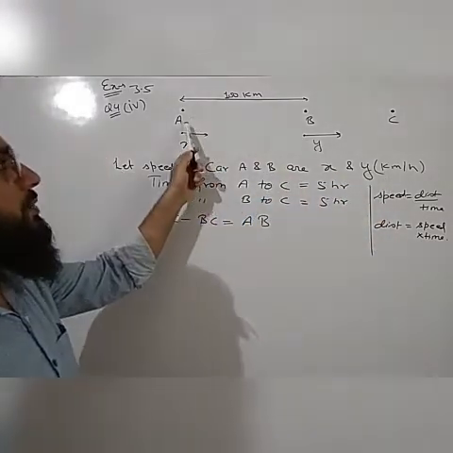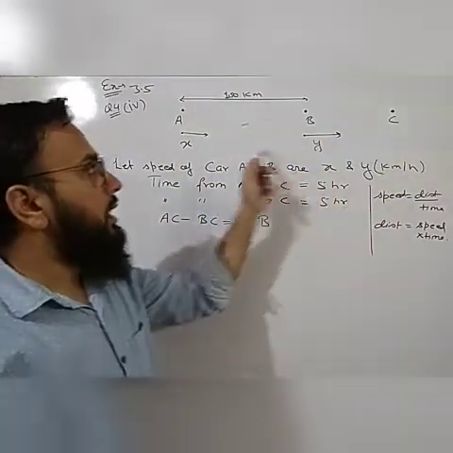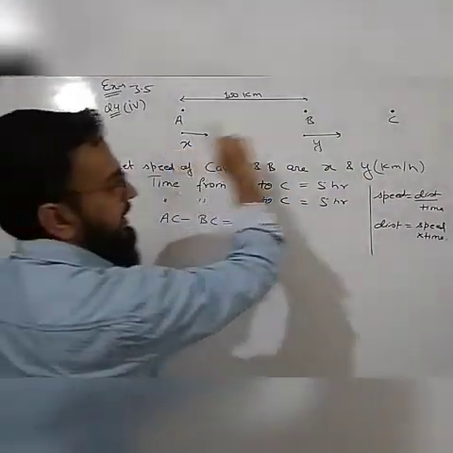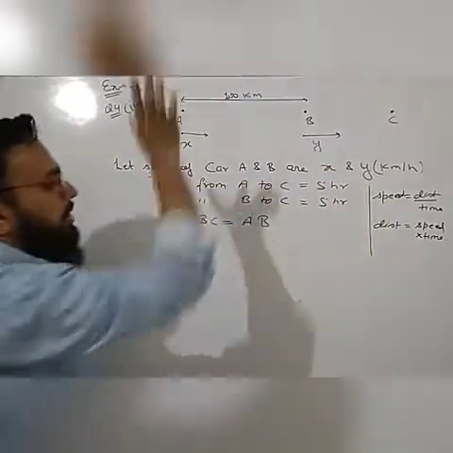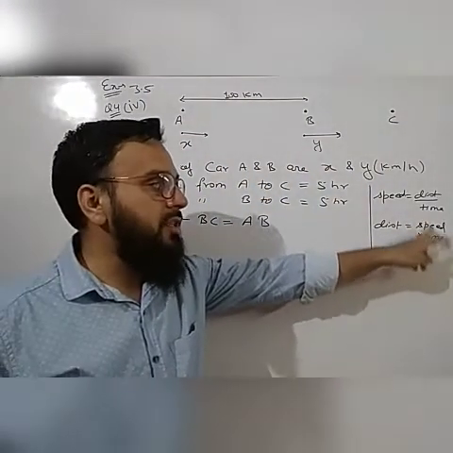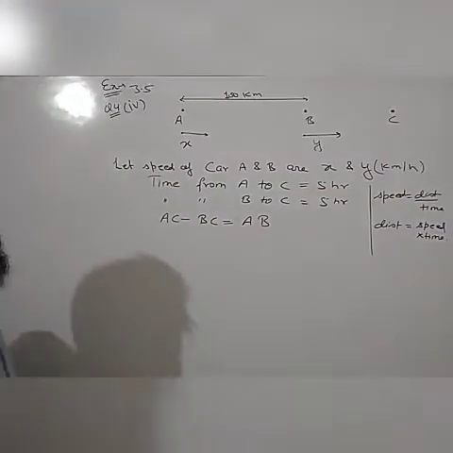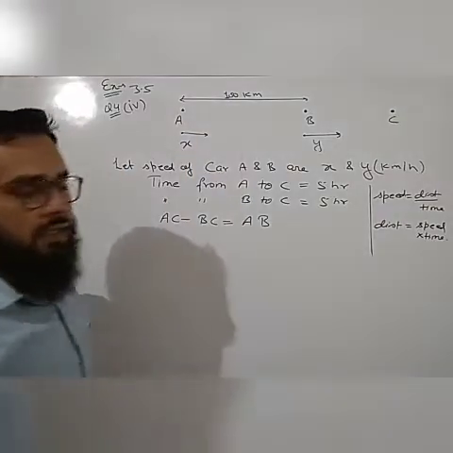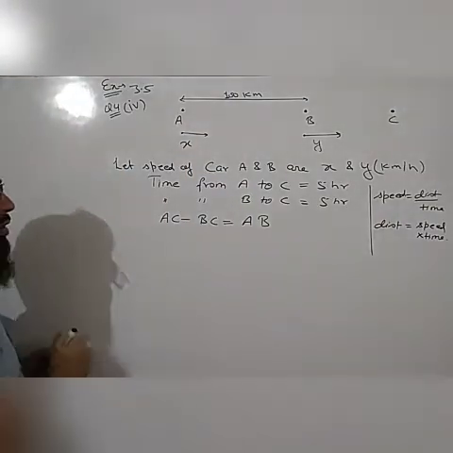The total distance from A to C and B to C, I don't know, but we can write this expression that AC minus BC will be equal to AB. Now we can convert this distance in terms of speed and time, because we know the speed of both the cars and the time taken by both the cars is same. So we can put the value of AC.